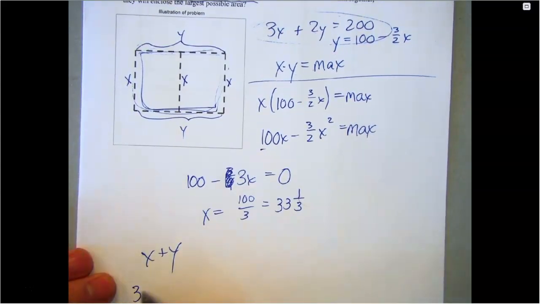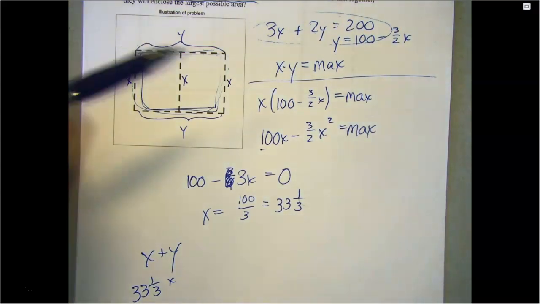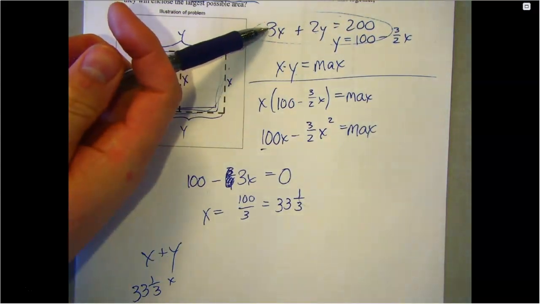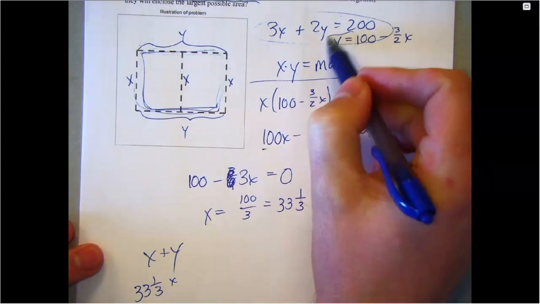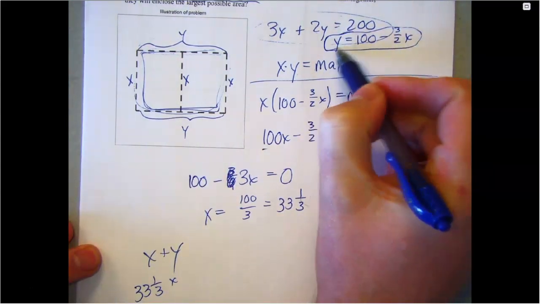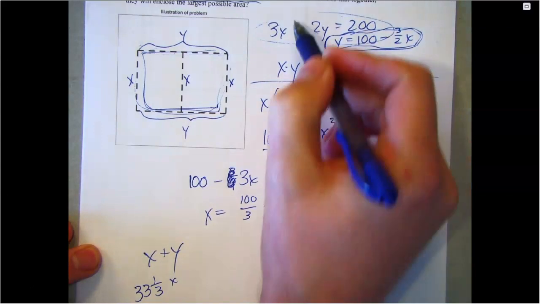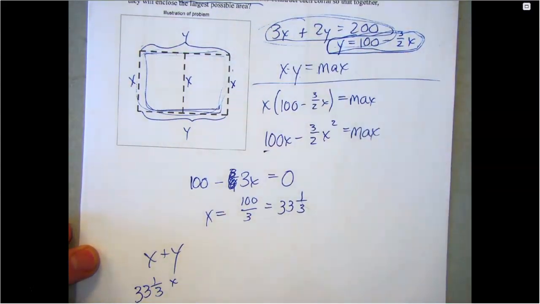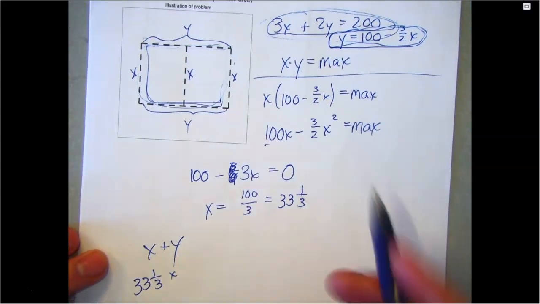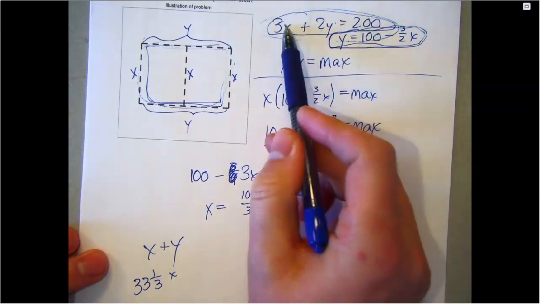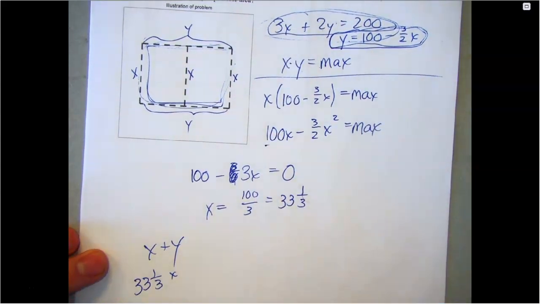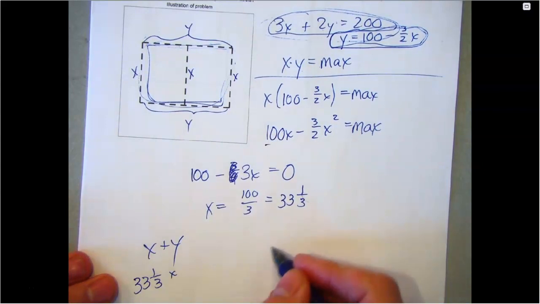So my x is 33 and 1/3, by, how do I find my y? I've got my secondary equation up there. I know that y is 100 minus 3 halves times x, or you could plug into this one, whichever way you want. Plug x into one of those and find out what y is.